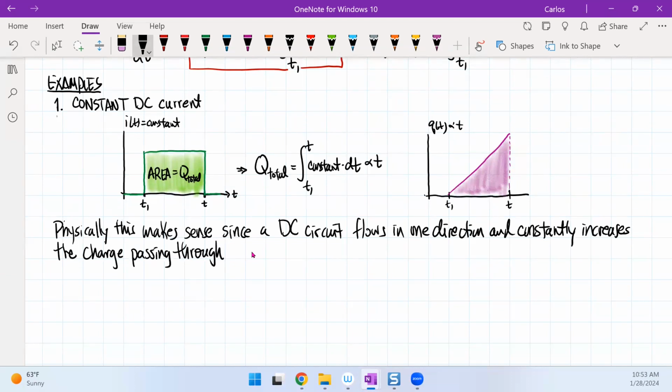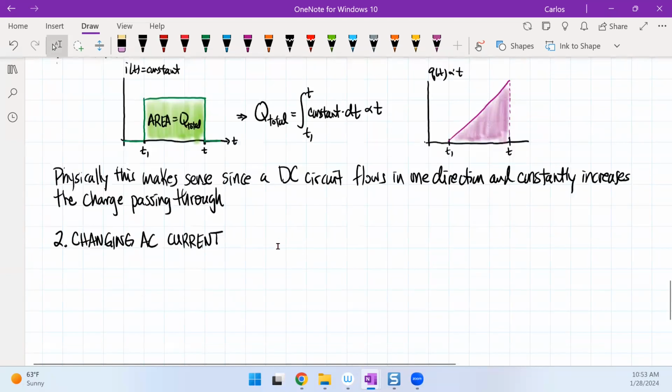On the other hand, we could have a second type, and we could talk about a changing AC current. So in this situation, what would we see here?